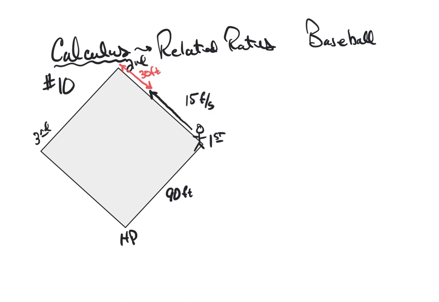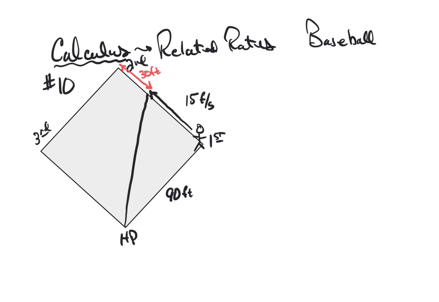And the question posed in the problem is, at what rate is the player's distance from home changing? So we're focusing on the distance from home to that player. So from home plate to wherever that player is, at what rate is that distance changing?